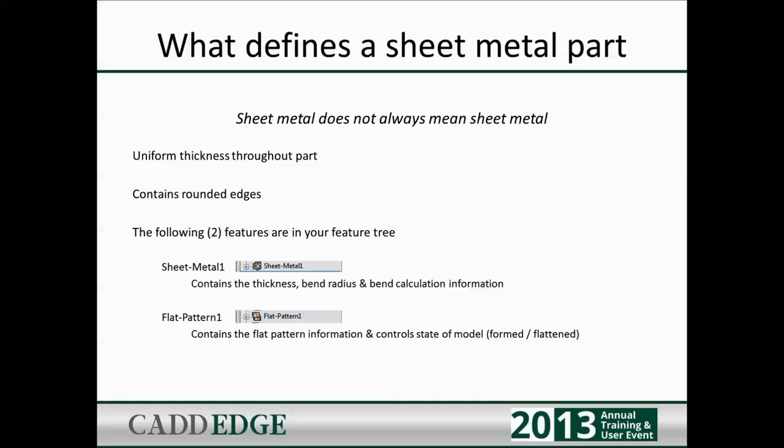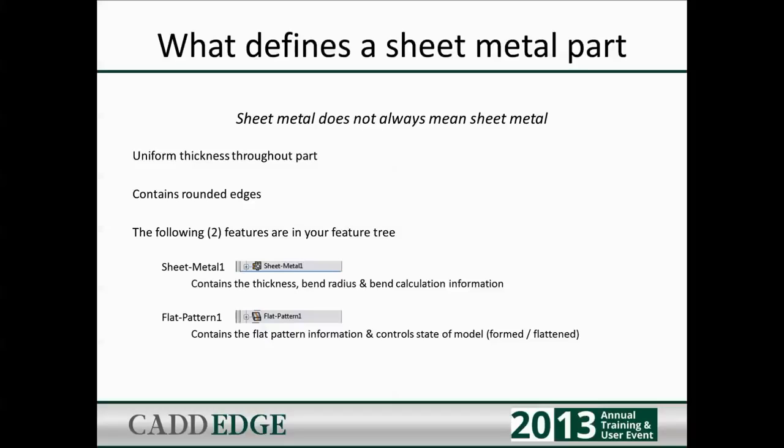If you don't follow these two rules, you won't be able to use the functionality, or it won't be considered a sheet metal part. The first is that the part has to have a uniform thickness throughout. You can't have a bottom face be one thickness and a sidewall be a second thickness. It has to be the same thickness throughout the part.